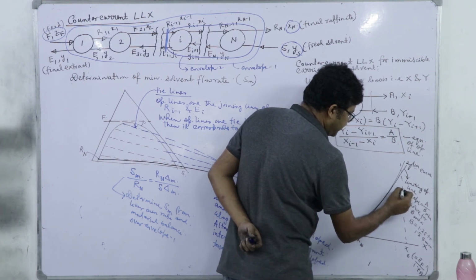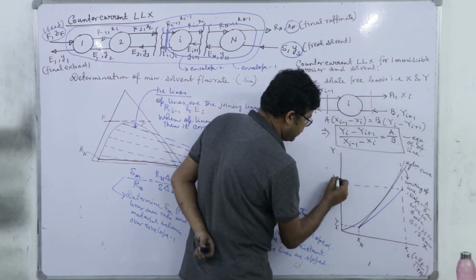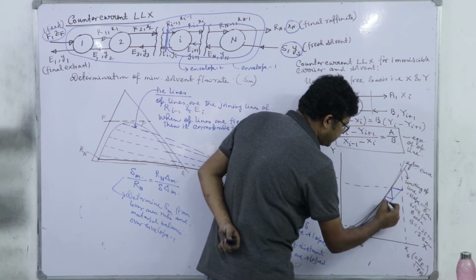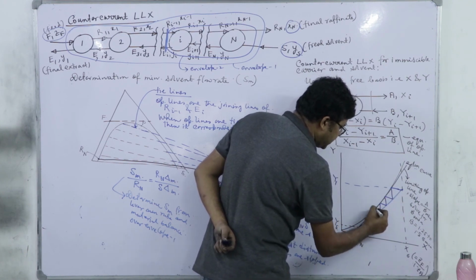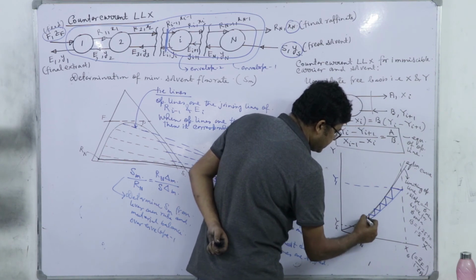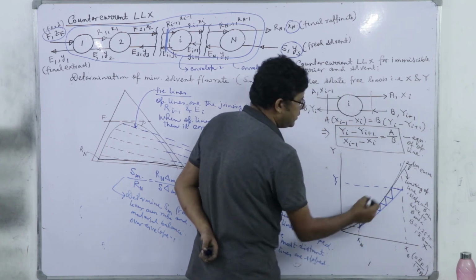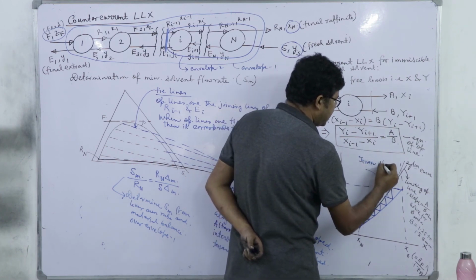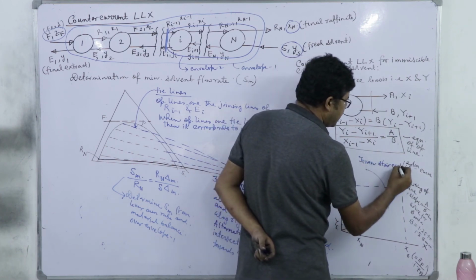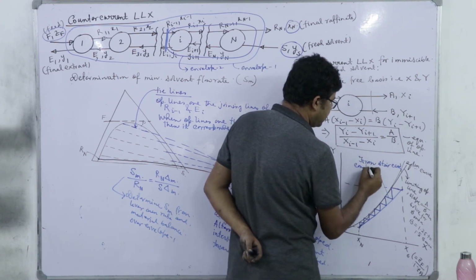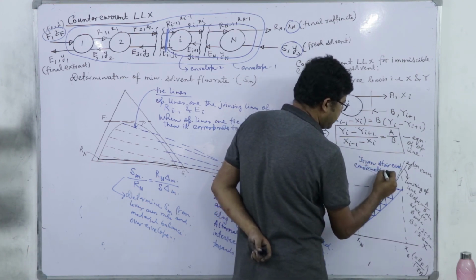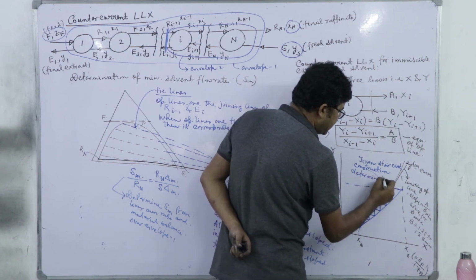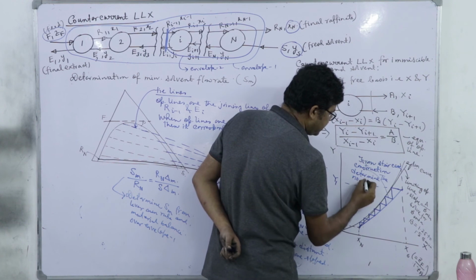So, we will draw this operating line, and here we get Y1, and between these two we will draw a staircase to determine the number of stages, right. So, from staircase construction, determine the number of stages.